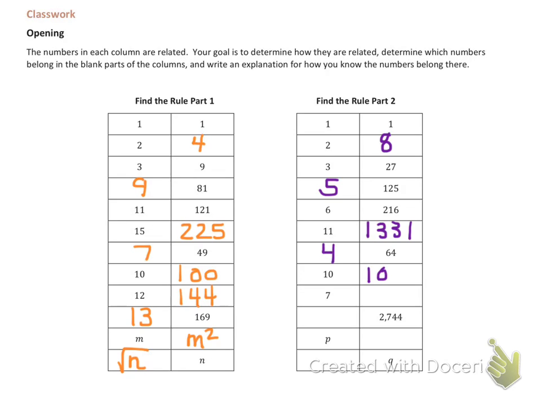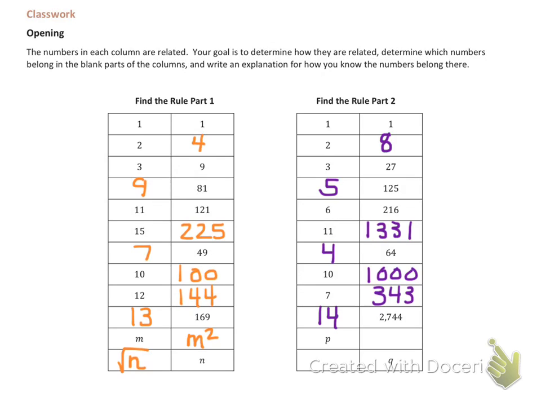So 10 would be 1,000. 7. Ooh, 2,744. Well, I know it's got to be bigger than 11 because that's 1331. So here's a case where you just got to start trying some stuff, right? So 14 fits the rule for that. And then I'll leave the other 2 for just a minute.